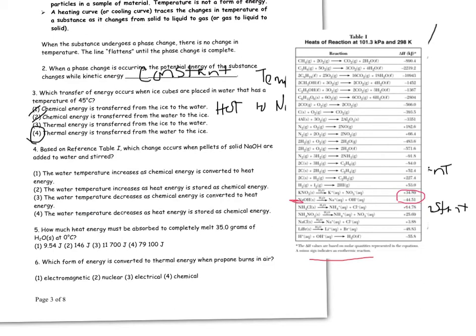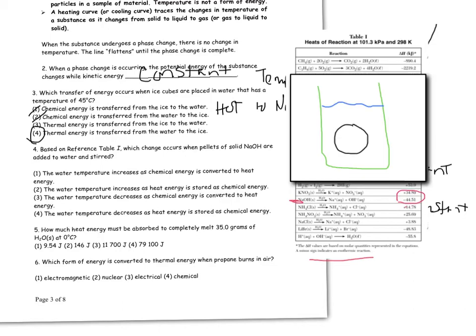So let's try and draw a diagram of what's actually occurring. So here I've drawn a beaker of water. The beaker is green. A beaker of water with sodium hydroxide inside. And recall that reference table I gave us this negative number, meaning that this salt has heat exiting when it is placed or dissolved into water.